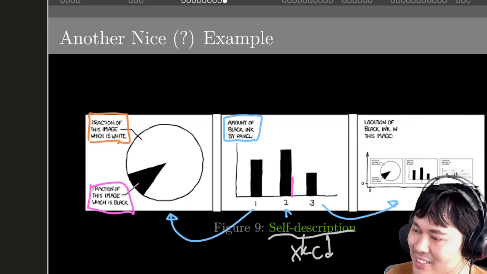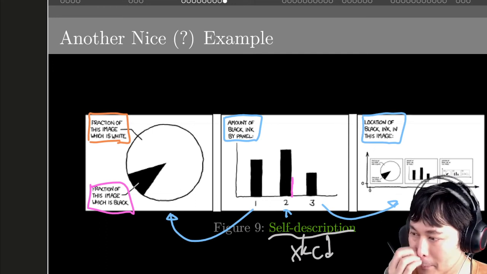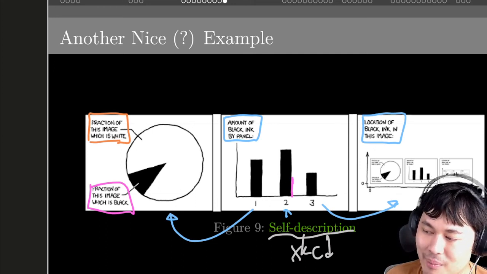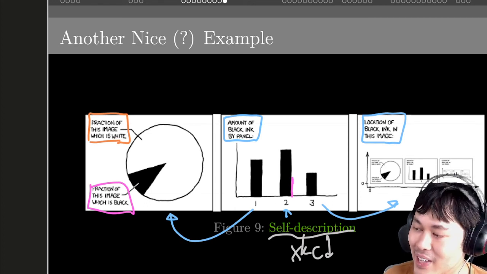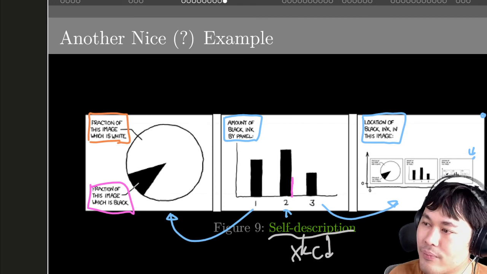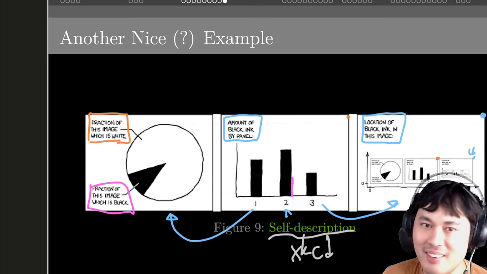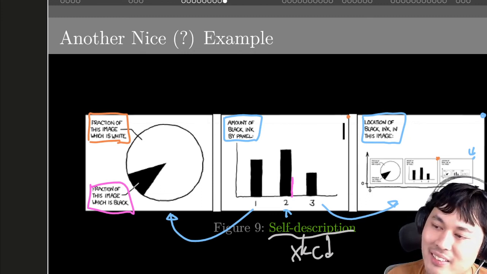And lastly, they have the location of black ink in this image, which is, they just embed the image into the graph. Like, this is the location of that ink. This is the location of that ink. So again, it doesn't say anything.